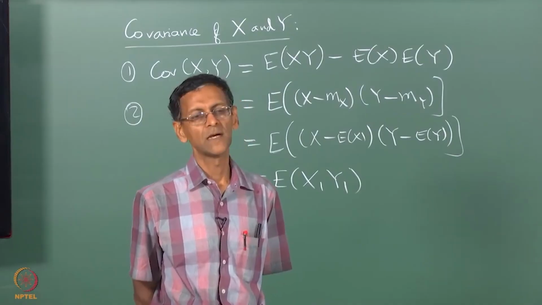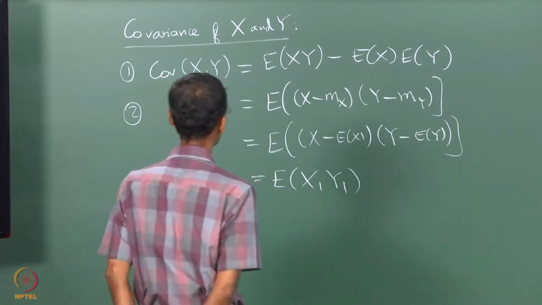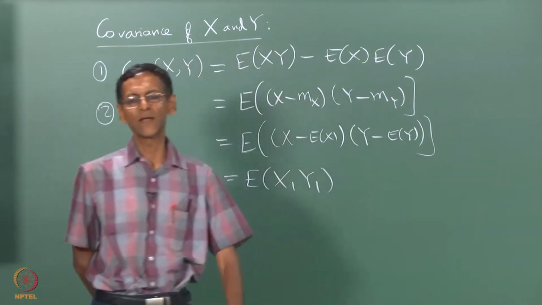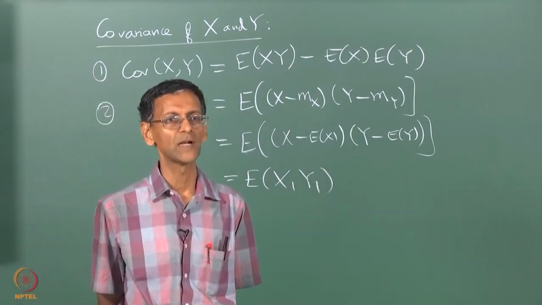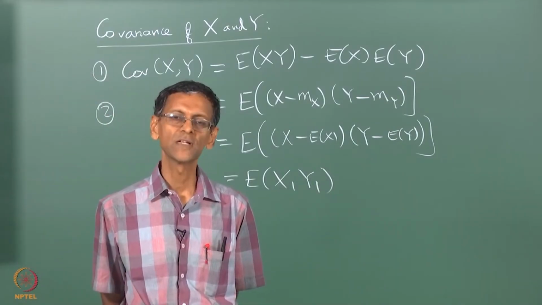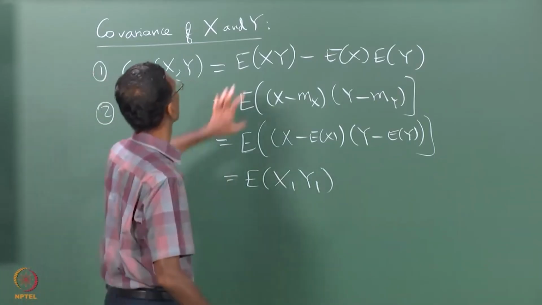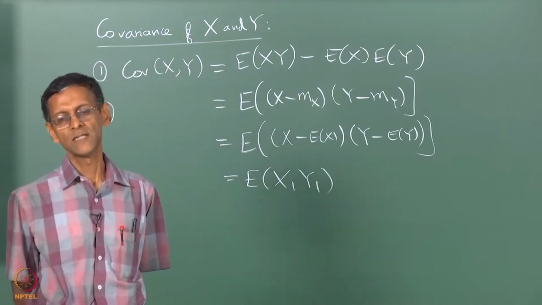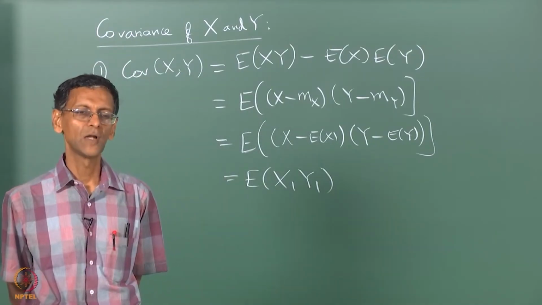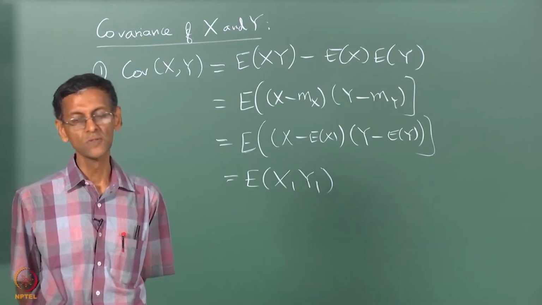In this connection, I just want to point out that the quantity Exy itself, which yesterday we called the correlation of x and y, that terminology is used primarily in signal processing. If you go and look in statistics, you do not see the term correlation applied to this quantity. But since one of the applications that we are doing is signal processing, we will stick to the term.